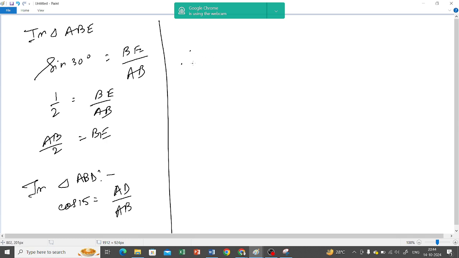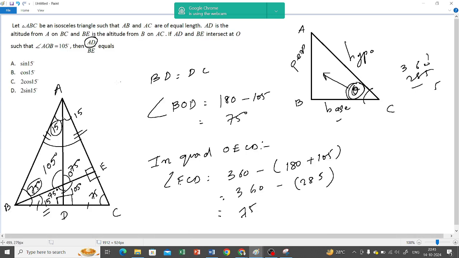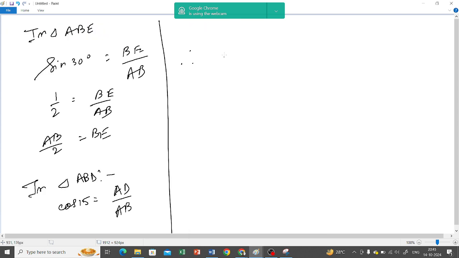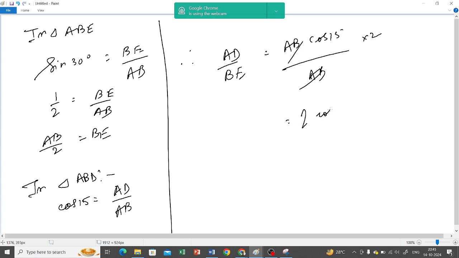Okay. Now what am I asked to find out? AD by BE. So what is AD? AD is AB cos 15, and what is BE? BE is AB by 2. So both of them just get cancelled out, 2 cos 15.